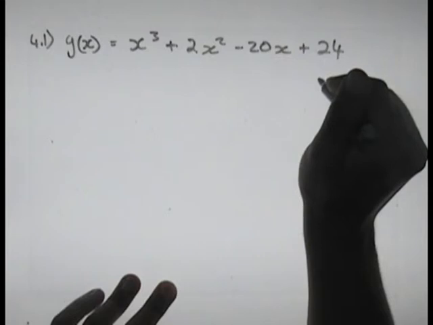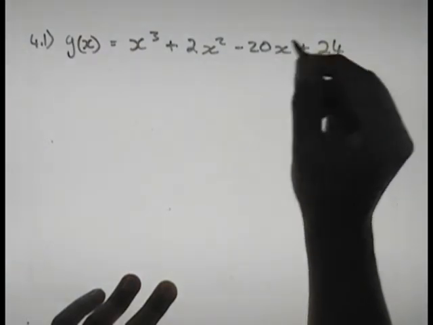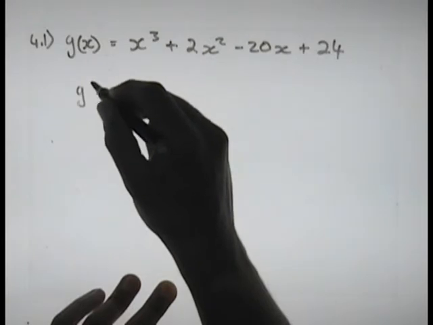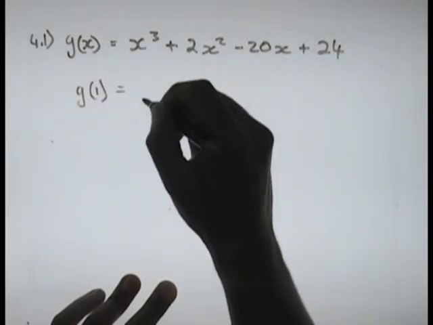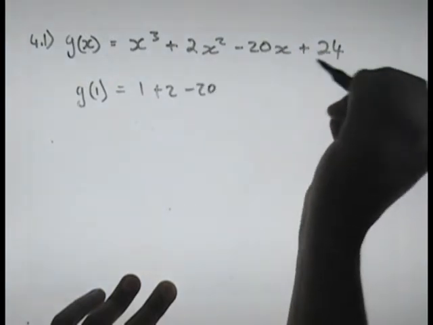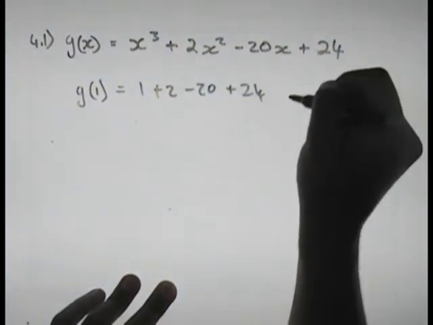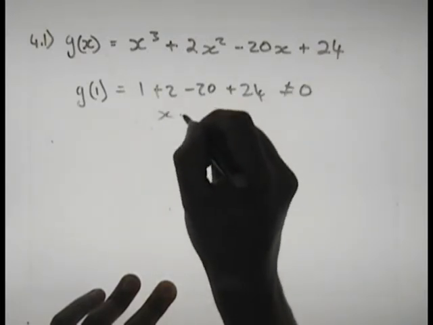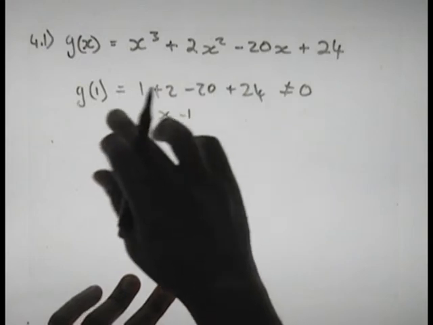I'm going to use the trial and error method, and I'm going to say, well, let's start off with g of 1. G of 1 is going to equal 1 plus 2 minus 20 plus 24. That's not equal to 0, hence x minus 1 is not a factor.